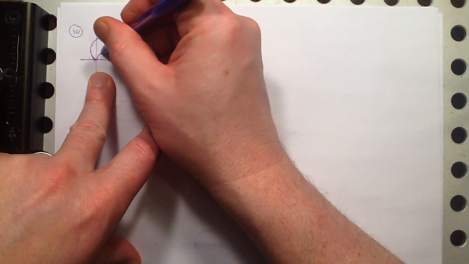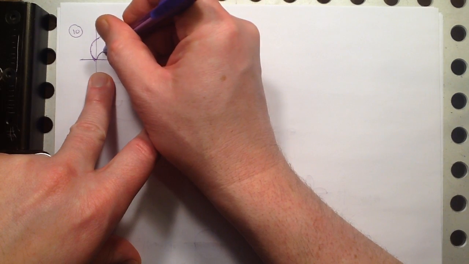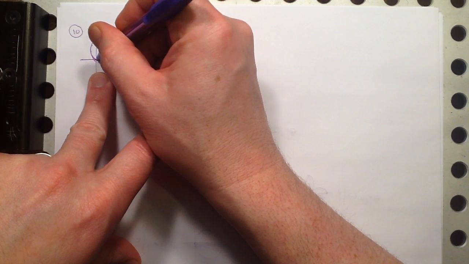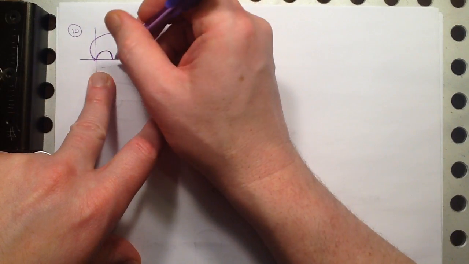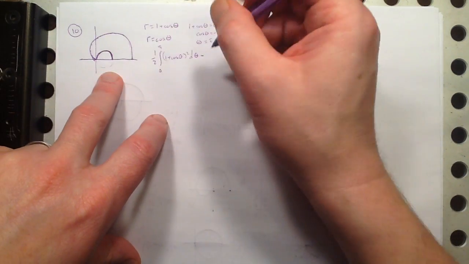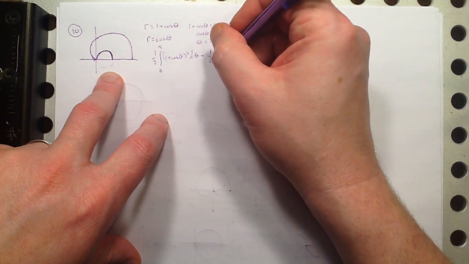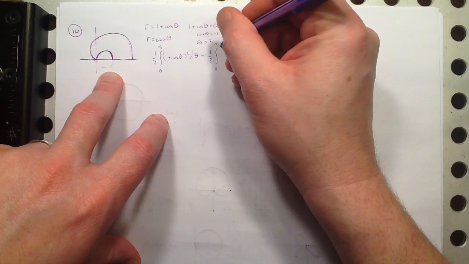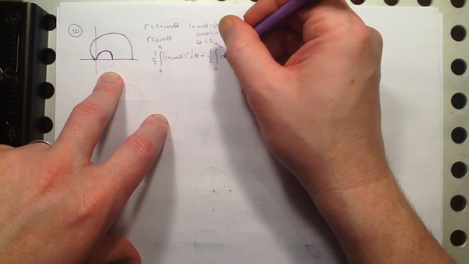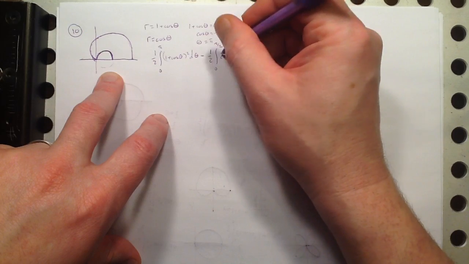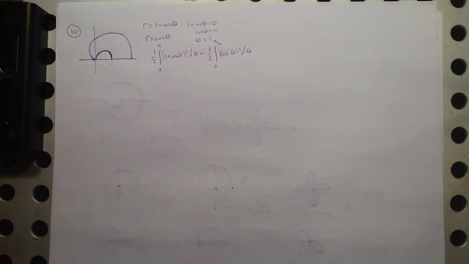That part of this circle happens in the first quadrant. This is from 0 to pi over 2, and then the other half would be from pi over 2 to pi. So notice again, that's different limits of integration. So I cannot combine those two integrals into one because those are different. That's cosine theta squared d theta. That's the setup for that one.